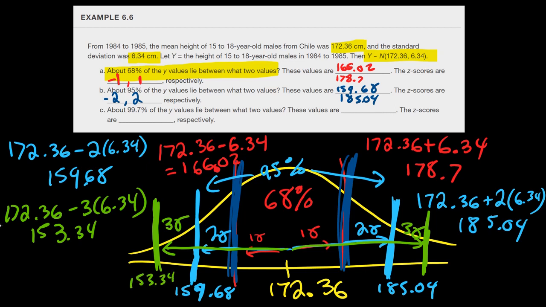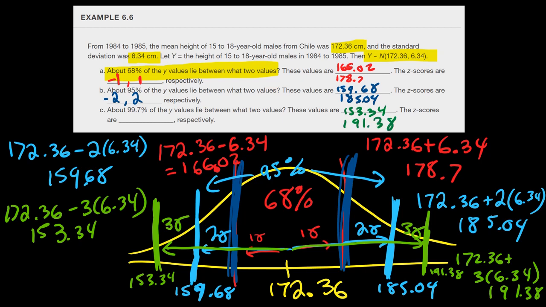If I take the mean and add on 3 times 6.34, I get 191.38. So the two values are 153.34 and 191.38. The z-scores, since I'm going 3 standard deviations below and 3 standard deviations above, would be -3 and +3.